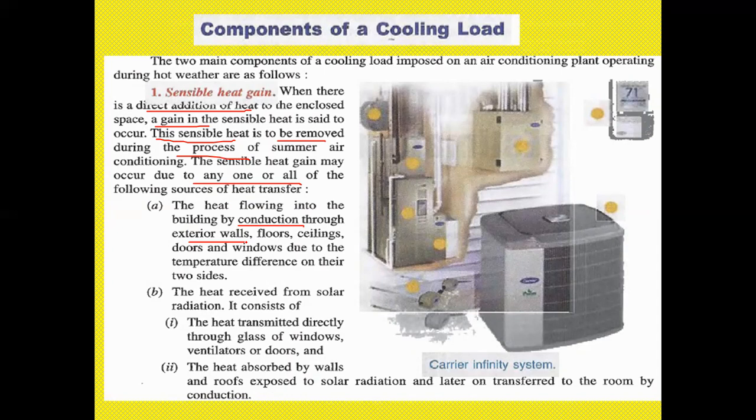Then the heat received from solar radiation consists of, first, the heat transmitted directly through the glass of windows, ventilators, or doors.